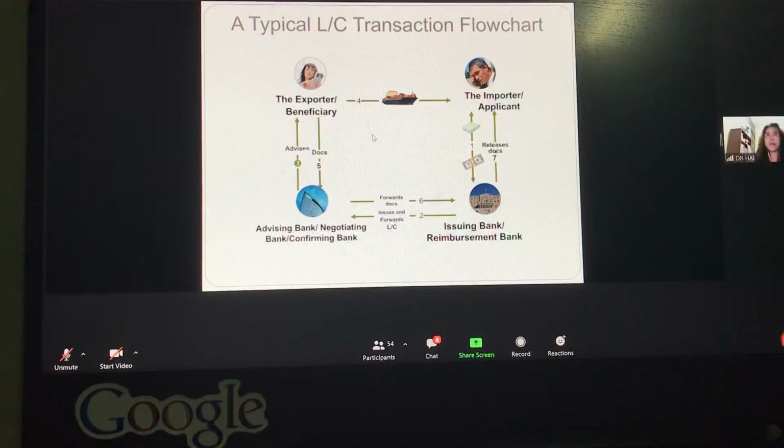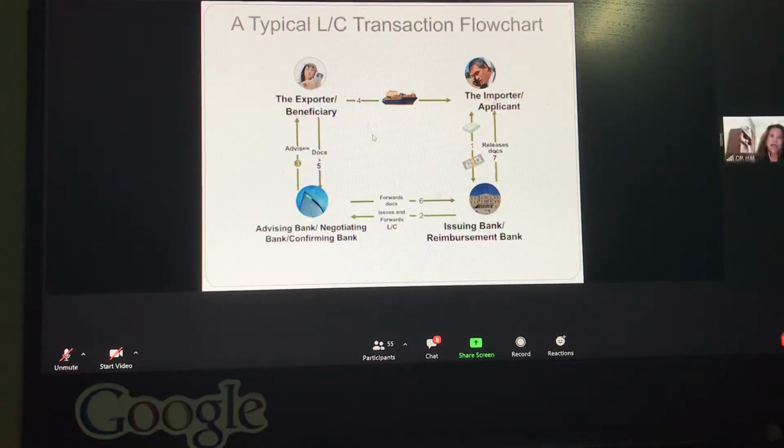But what happened if the issuing bank has a finance problem, goes bankrupt, for example, no money to pay? Of course, issuing bank cannot pay.